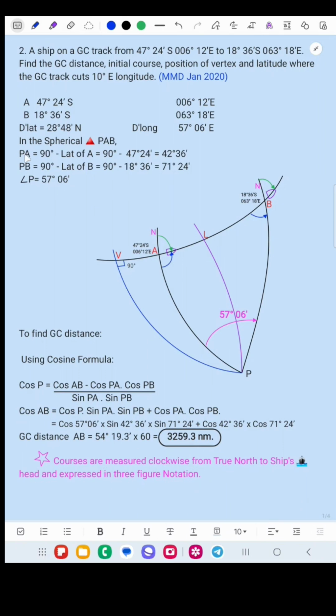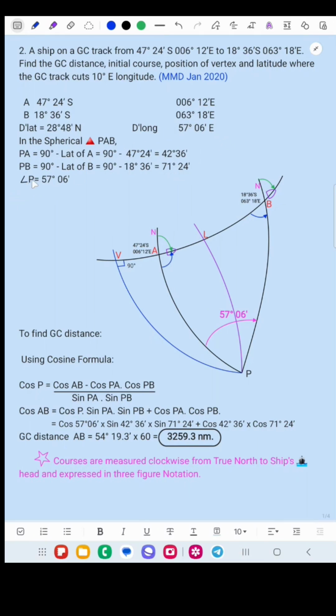So we know that PA is equal to 90 degree minus latitude of A, that is 90 degree minus 47 degree 24 minute, equal to 42 degree 36 minute. PB is equal to 90 degree minus latitude of B, equal to 90 degree minus 18 degree 36 minute, equal to 71 degree 24 minute.